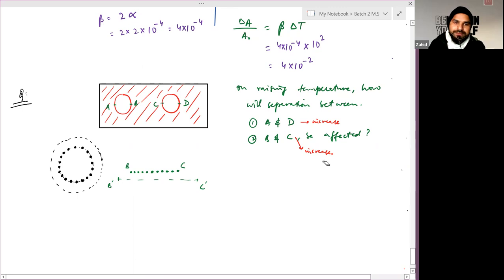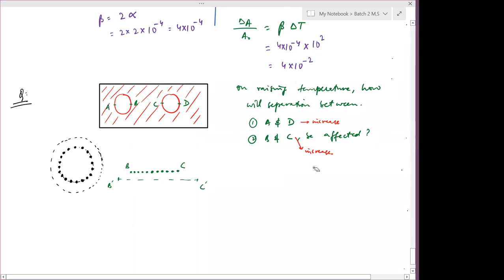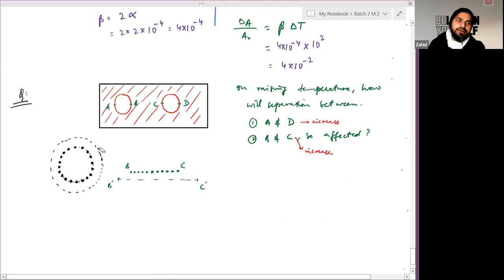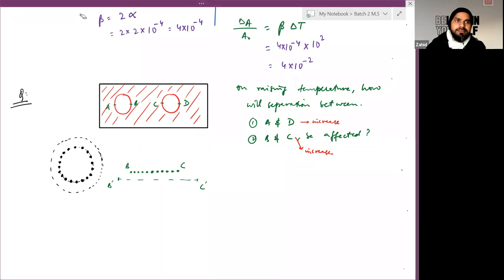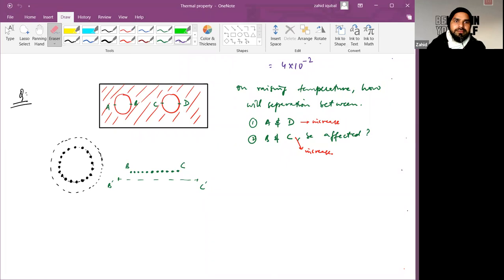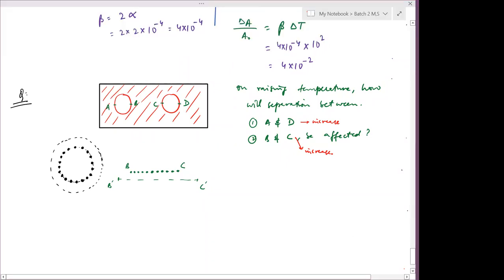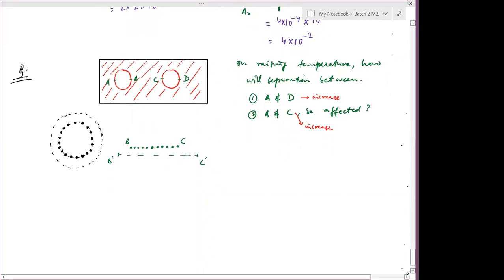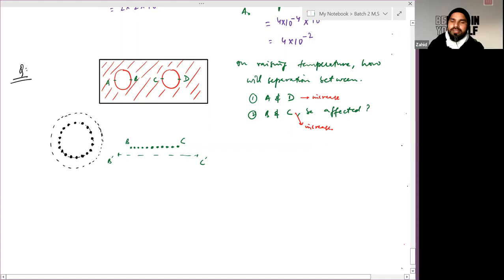Is it clear now? Yes, sir. Thank you, sir. And similarly, on increasing separation between B and C, there will be separation between A and D as well. Okay, you all have written?